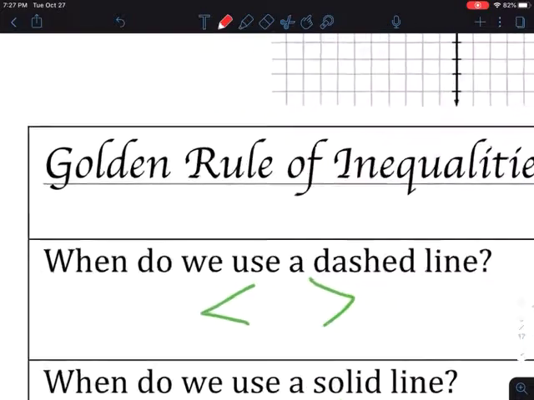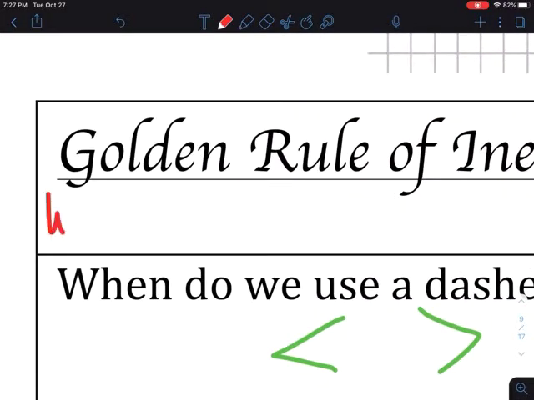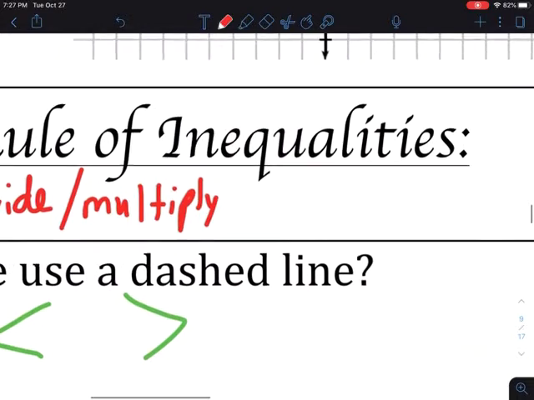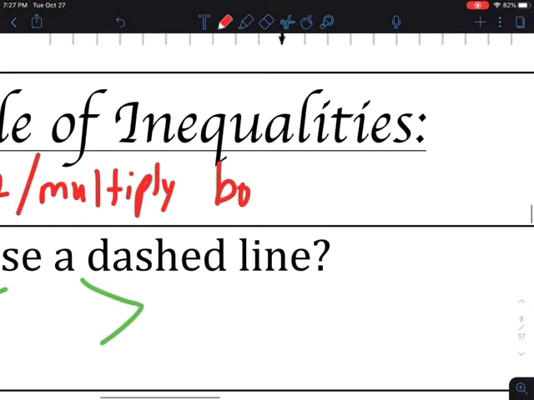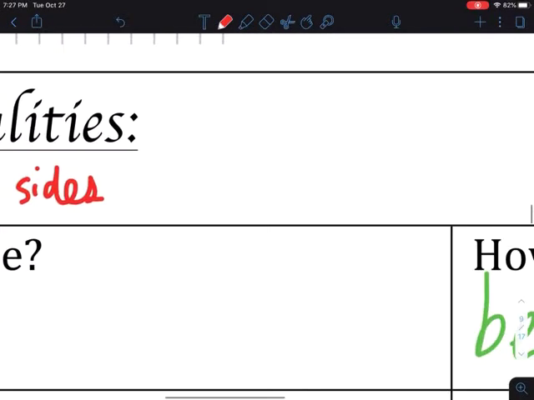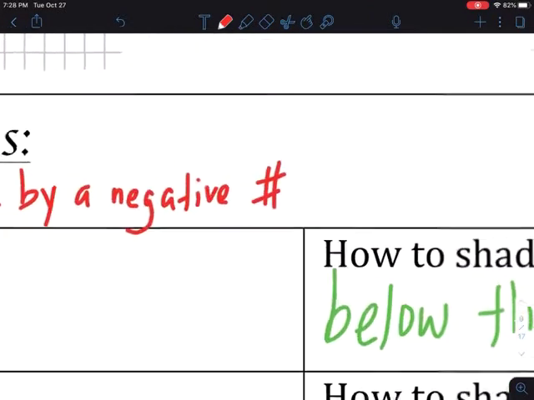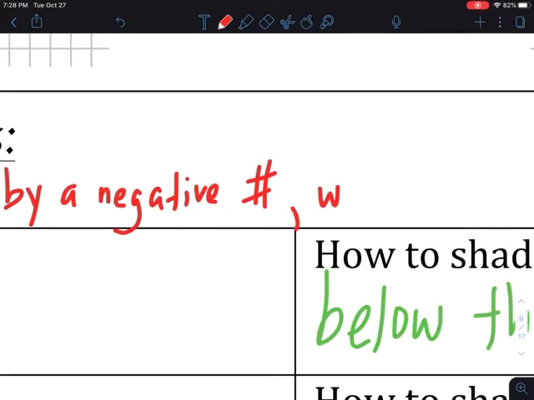That says, when we divide or multiply both sides by a negative number, we must flip the sign.